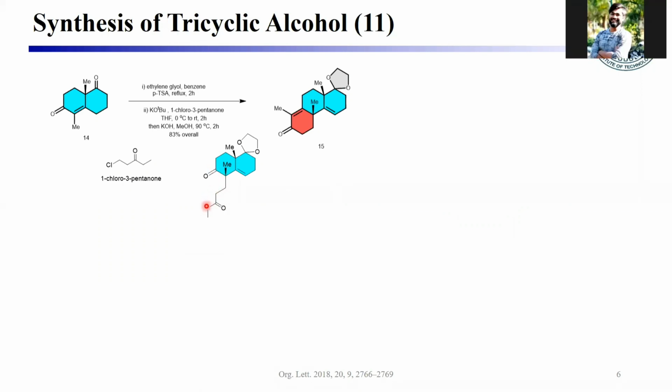Actually, I got it. Sorry, I thought there was one more carbon. Thank you. Only 6-membered and 4-membered rings will be possible in this, so a 6-membered ring will form here.